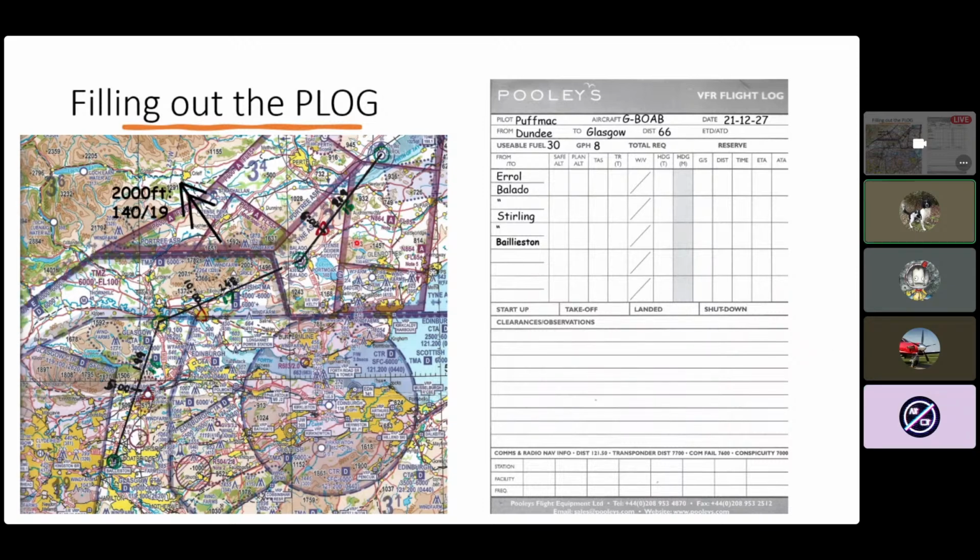So let's do something that is quite important. First and foremost, draw the wind on the chart. By drawing the wind on the chart, okay, I've drawn an arrow and then I've actually written the winds below it. You would get this information from a forecast.